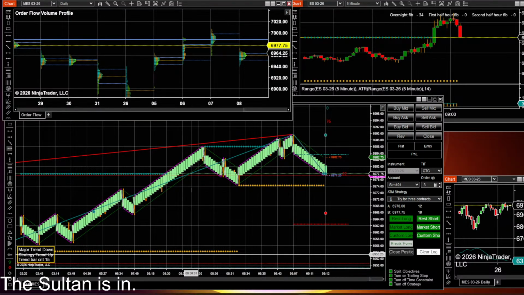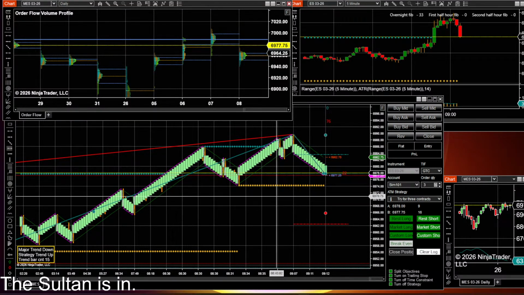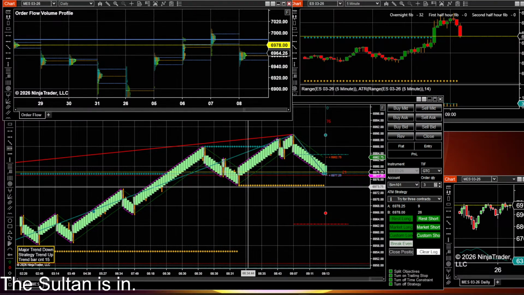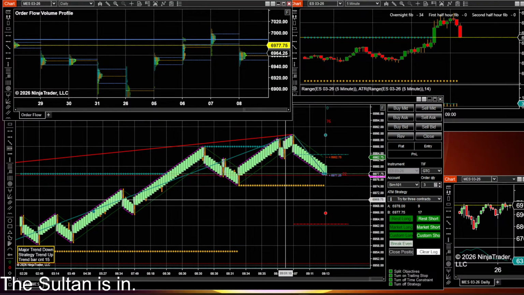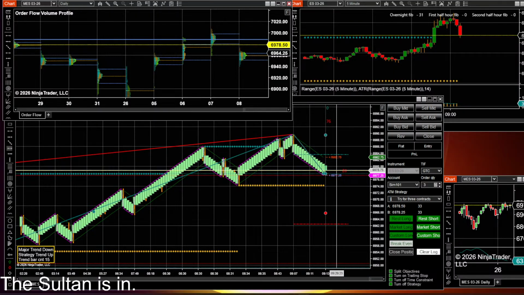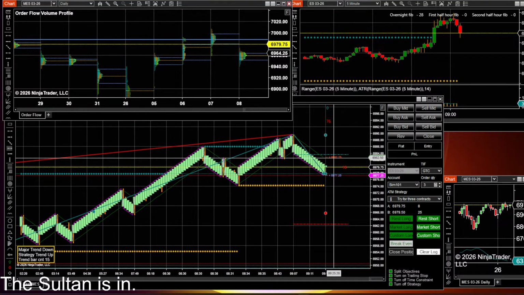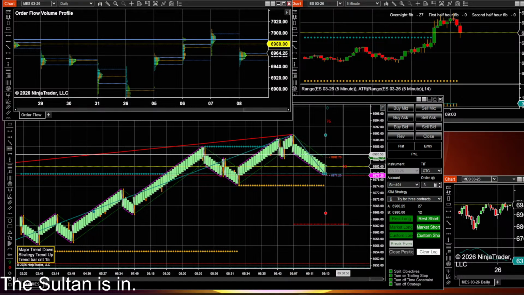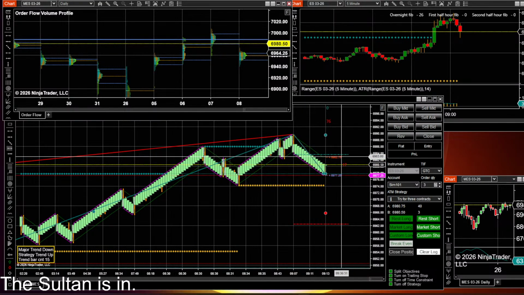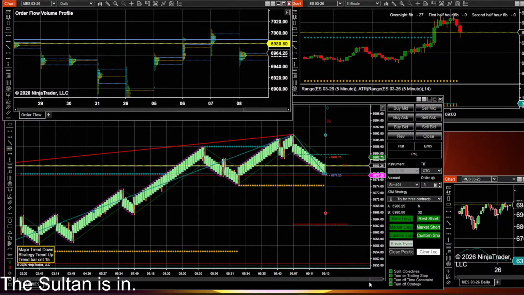You can see here we've had two levels of support that are there for us to reference later on. What I would be looking for here is this bar to come back up and hit the 82.75, which would indicate to me that we are reversing from this little down leg here.